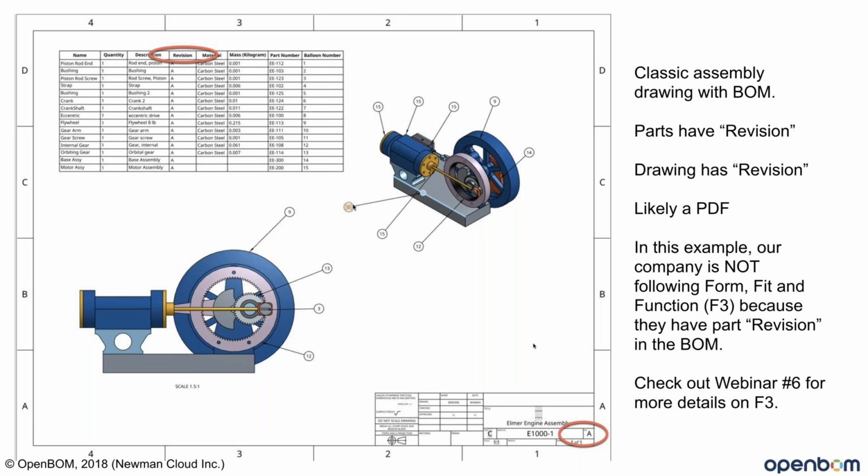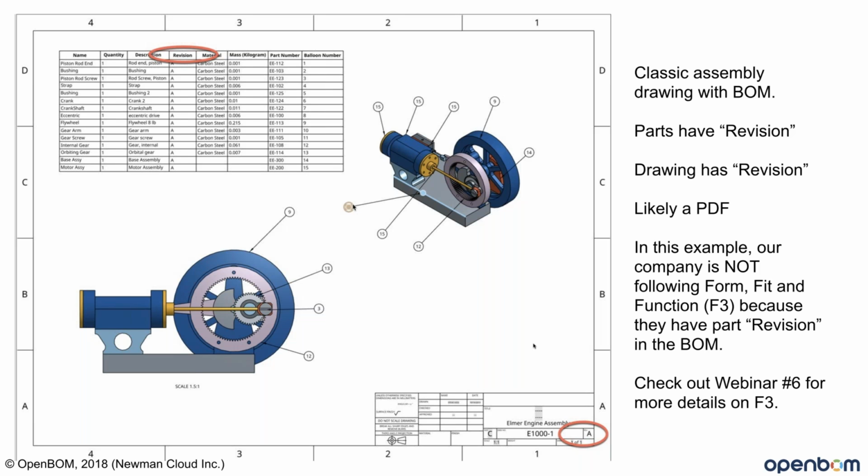we see here, by the fact that the parts actually have revisions listed, that in my example, my company is not following form, fit, and function, which is a process that helps us understand when we need to revise or rev parts. We dealt with that in our last webinar.